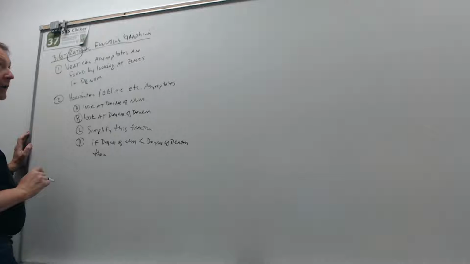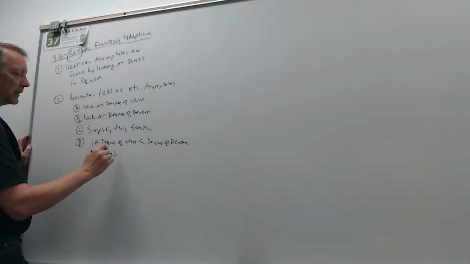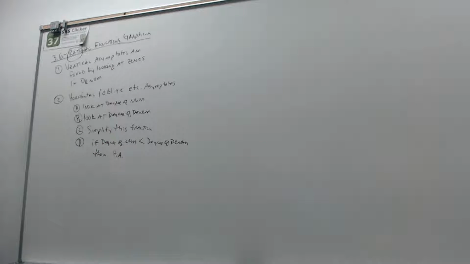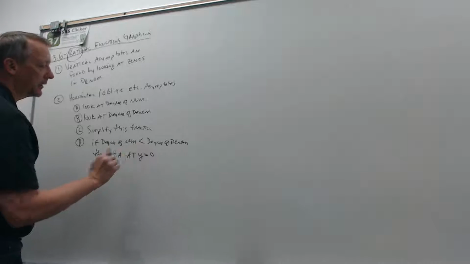then you're going to have a horizontal asymptote. I'm going to abbreviate that HA, horizontal asymptote at y equals 0.